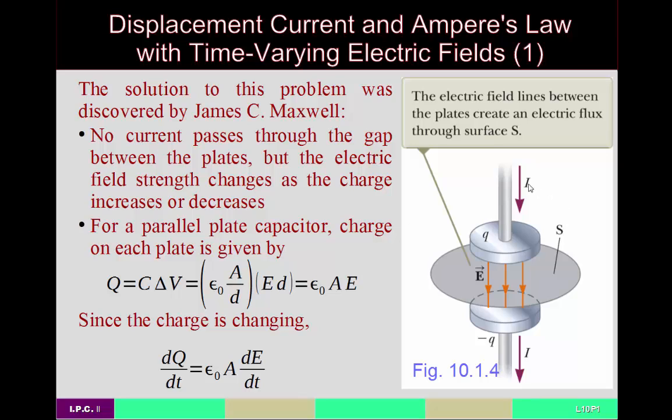Given that we have current here, the charge is actually changing, it follows that dq/dt is equal to the derivative of all of this with respect to time. And since the plate area is constant, and since this is a universal constant, that means that dq/dt must be the area of the plate times the permittivity of free space times the derivative of the electric field with respect to time.